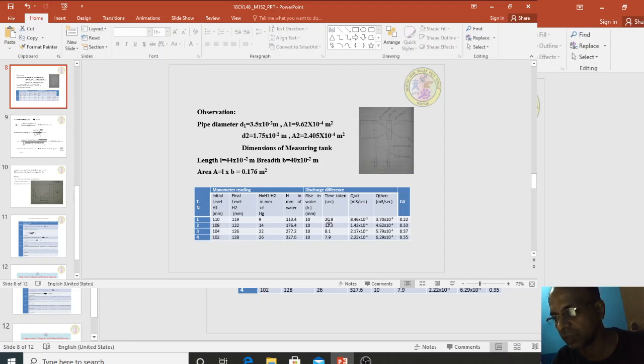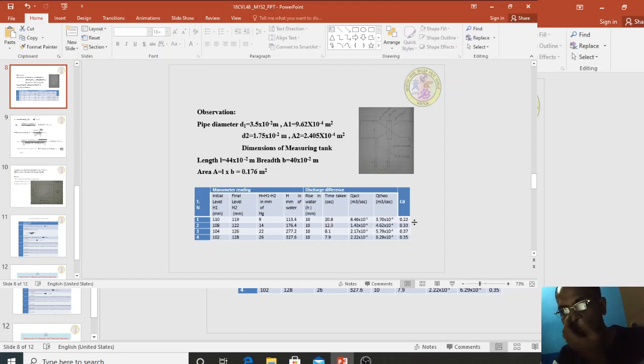In the second trial, instead of 25%, we opened the valve to 50%. In the first trial, 25% opening we did, so 75% of the valve was closed, so it took more time to fill. Second trial, 50% opening we did, so comparatively less time, approximately 40% less time, is taken to fill it.